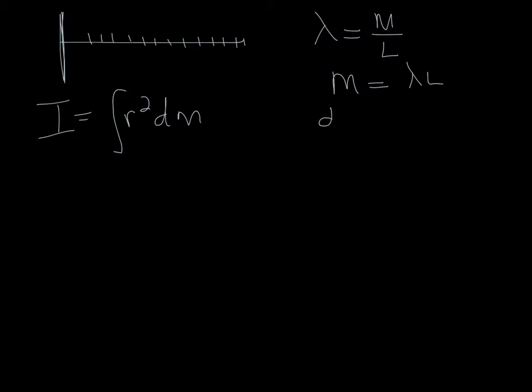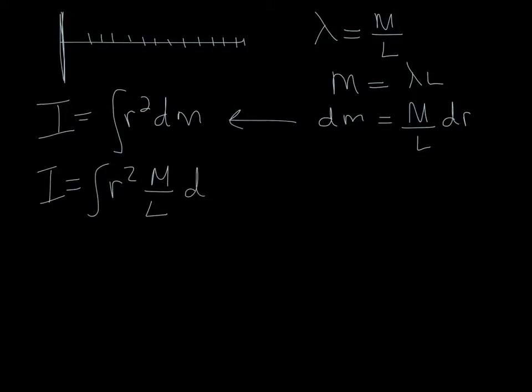We obviously want to break this into lots of small pieces of mass that we could sum together. The density is going to be m over L, and breaking up into small little pieces would be dr. So we're going to change this variable of integration, so this will become I equals integral r squared m over L dr.